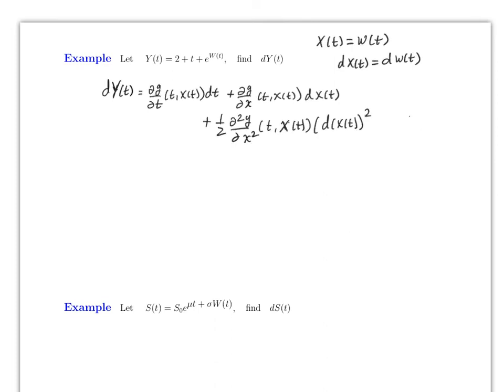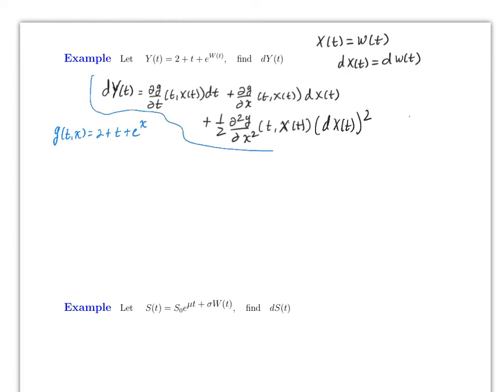Okay, so it's just the same formula and just rewriting it. Now here the function g of t and x is equal to 2 plus t plus e to the x.